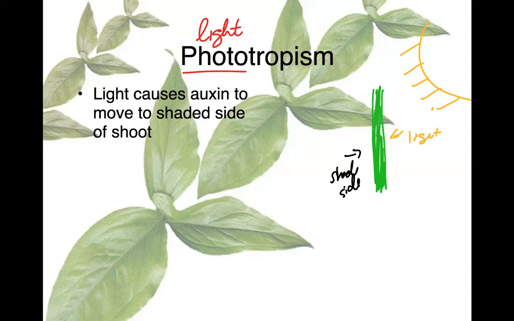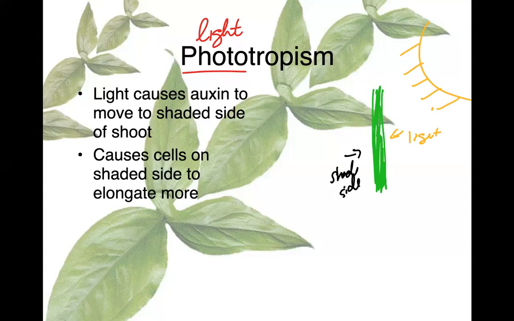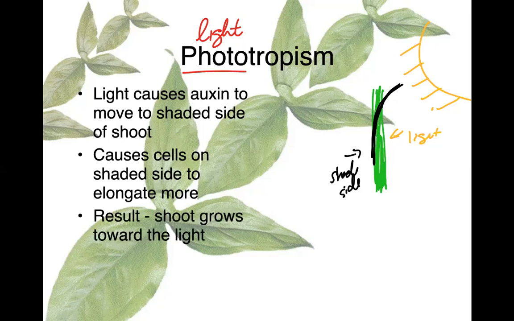Auxins are going to move to the shaded side of the shoot, and that is going to cause the cells on this side to elongate. If these cells elongate, it's going to push the plant towards the sun. So the result is the shoot grows towards the light.